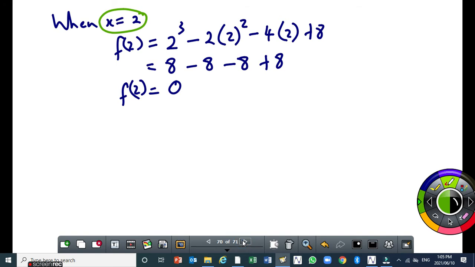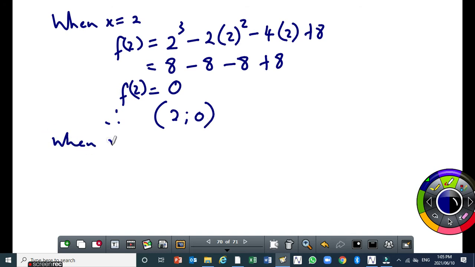Are you following this? So we are going to get what? A turning point which is on the x-axis. So what this means is that I can say therefore, it therefore means that one of the turning points is going to be at x equal to 2 and y equal to what? 0. That's the first turning point.